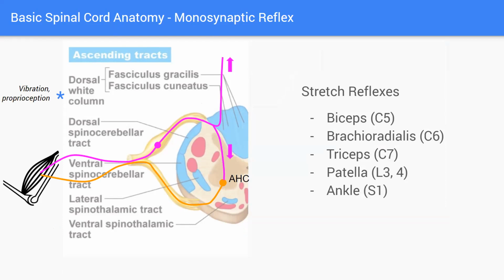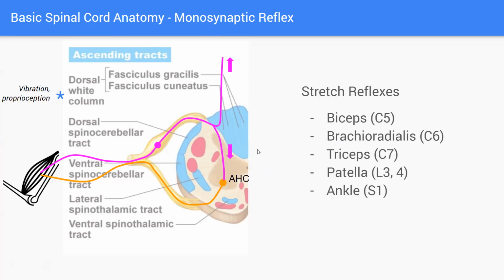So it's really important to know these, and know the root levels for these stretch reflexes. Here I have a schematized version of the biceps reflex. They have essentially two arcs. There's an afferent arc involving the information that's coming from the spindle fibers, detecting stretch when you use a reflex hammer on the biceps tendon. That's in this purple color here.